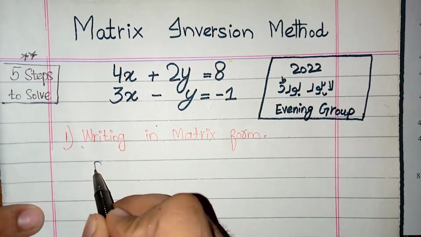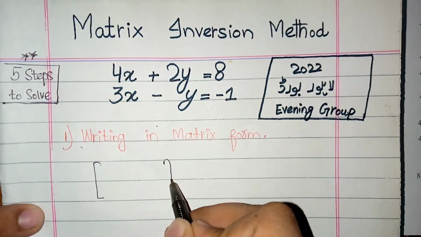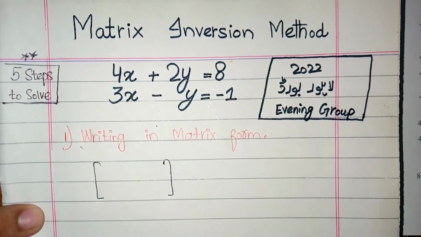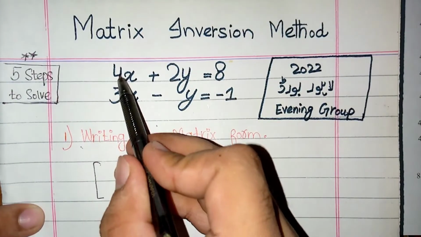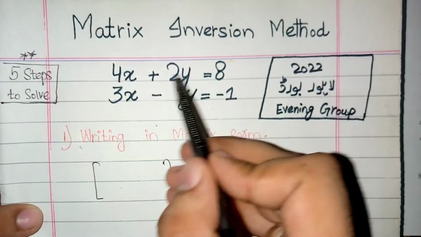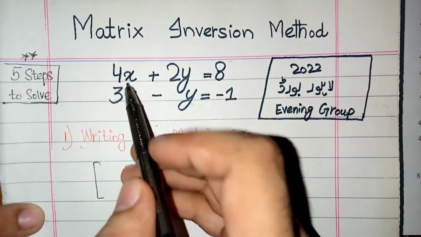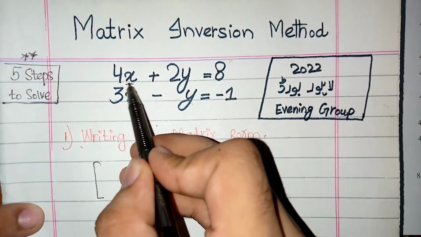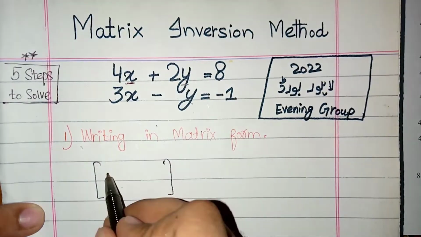First of all, put a square bracket here like this and write the coefficients of the variables. Here you can see we have two variables, x and y.